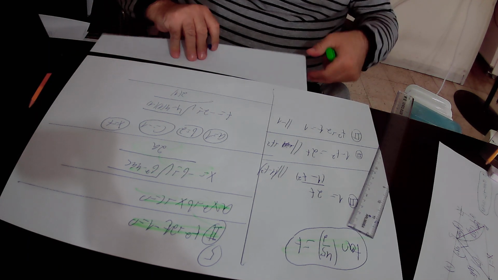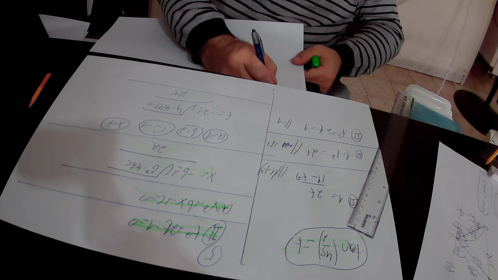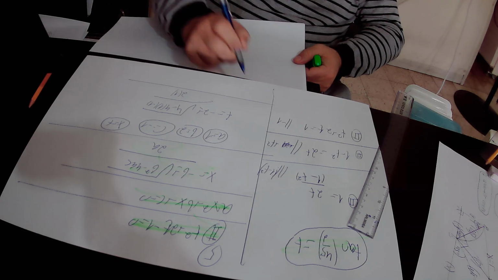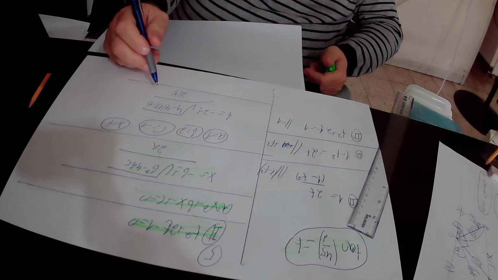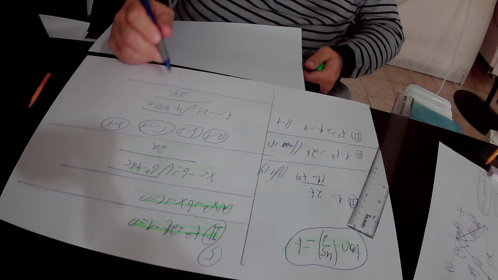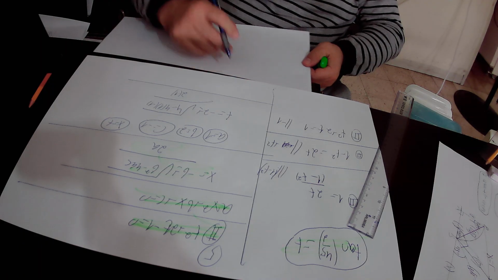So t equals minus 2 plus minus. Inside the root we have minus 4 times minus 1, which is plus 4, and 4 plus 4 is 8. So inside the root we are left only with 8, divided by 2.